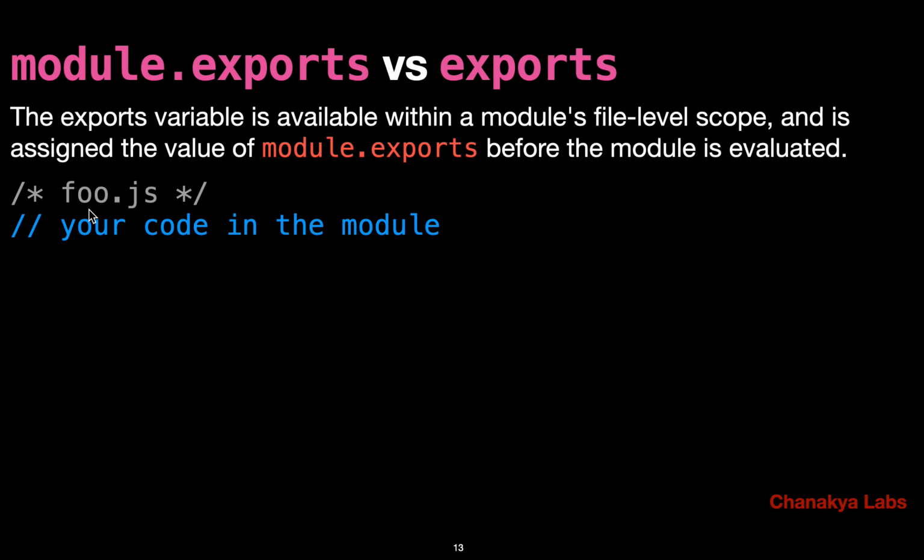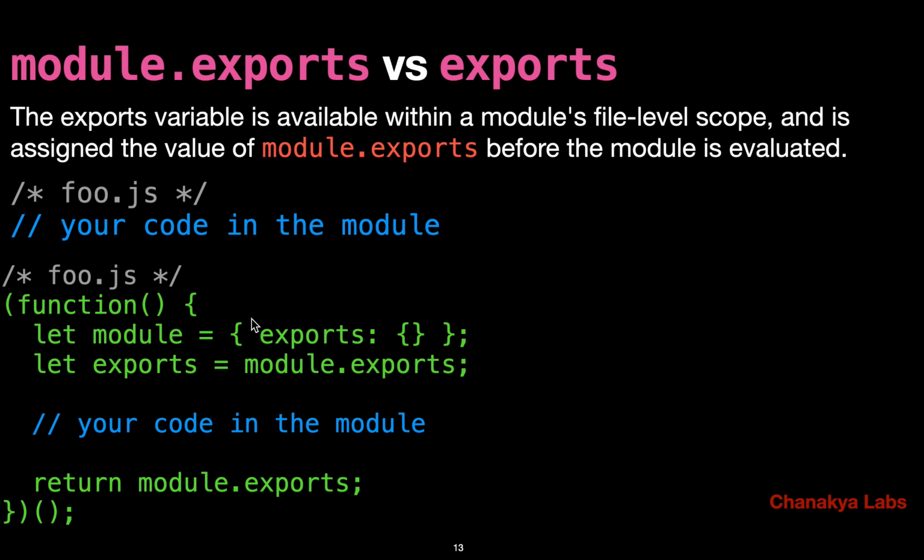So let's say there is some file and you have some piece of code in that file. Now for this module, if it is a CommonJS module, then you can understand the behavior of module.exports and exports like this.